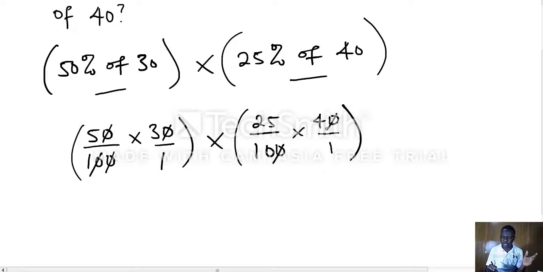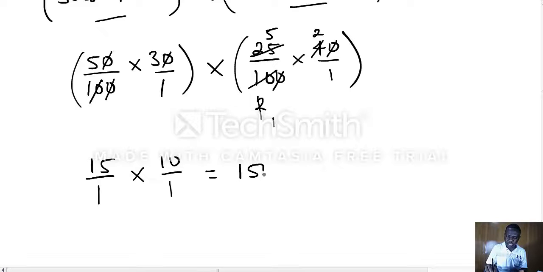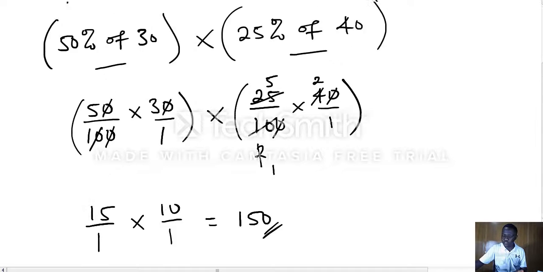40, 10 can go, 5 can still go in the second bracket. 5 into 25 is 5. 5 into 10 is 2. 2 into itself is 1. 2 into 4 is 2, leaving us with 5 times 3 is 15 over 1 times 10, which is equal to 150.